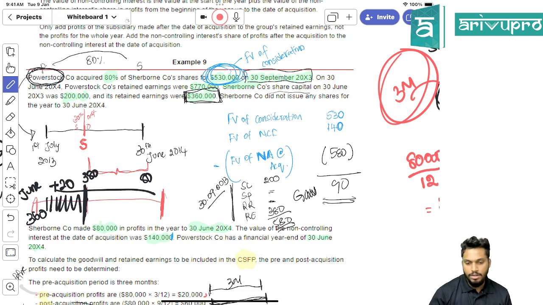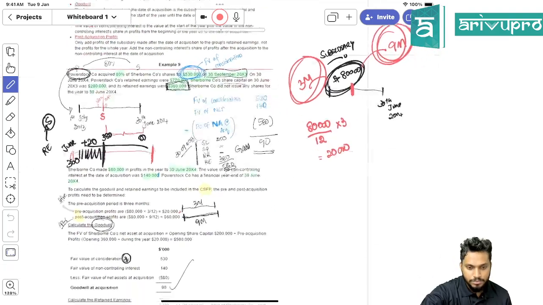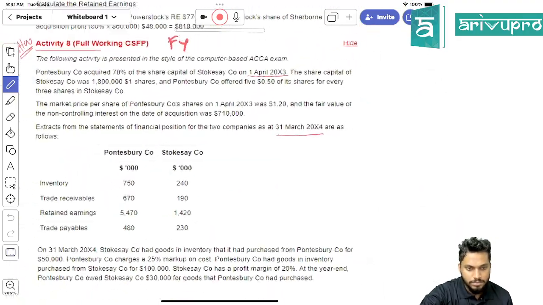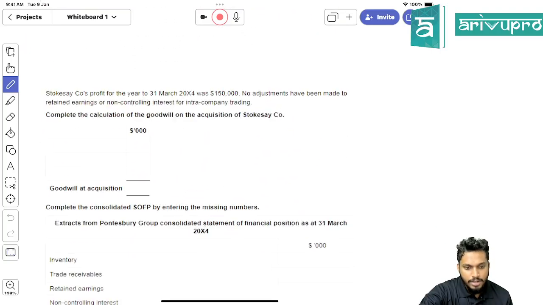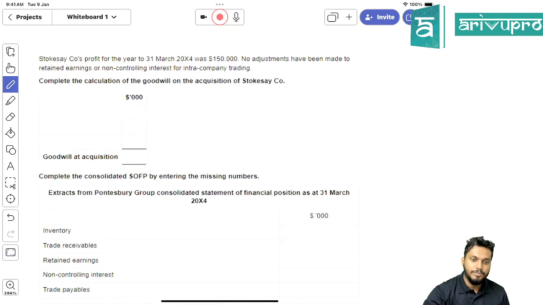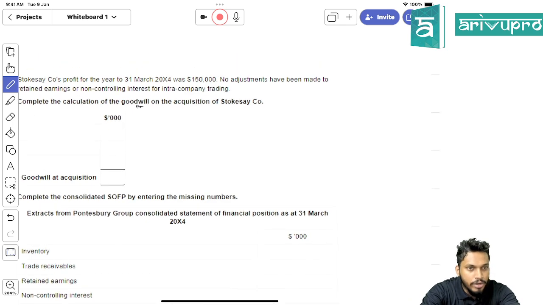Okay, right. Did you all try activity 8? Any doubts in this part? Anyone? Right, activity 8, they are asking us to calculate the goodwill, and they are asking us to complete only certain aspects or the extracts of consolidated statement of financial position, not in full, right?